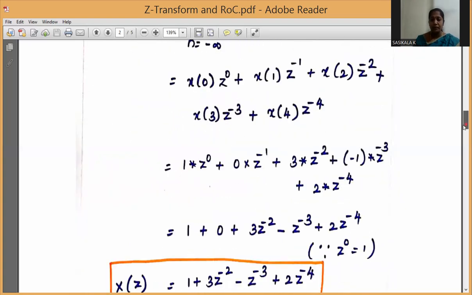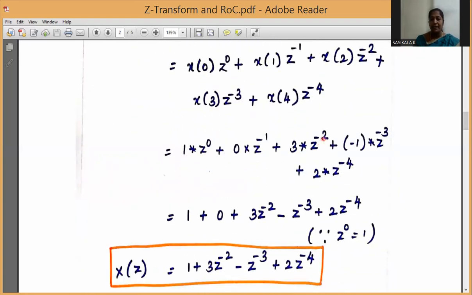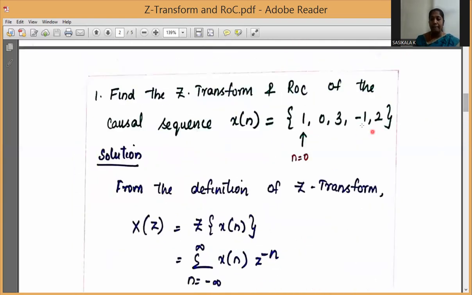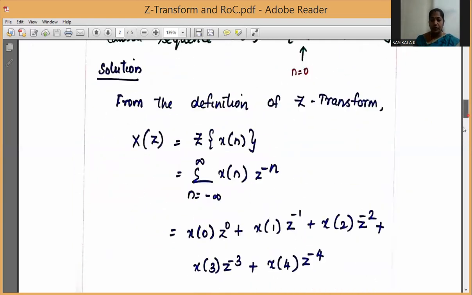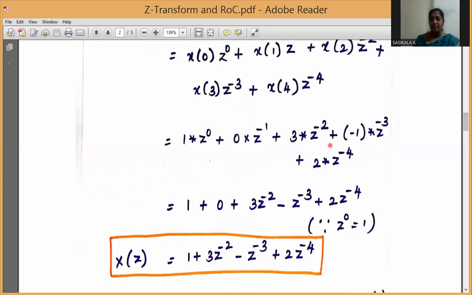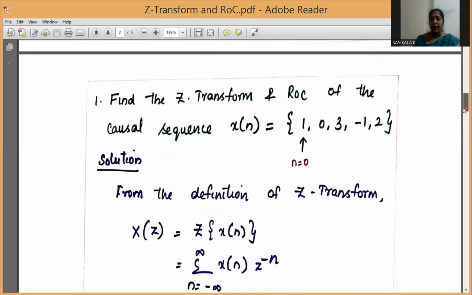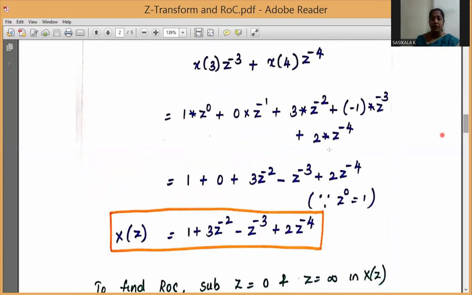So substitute 3 into Z power minus 2 plus x of 3's value is minus 1. So you have to substitute minus 1 into Z power minus 3 and x of 4's value is 2. So you have to substitute 2 into Z power minus 4.